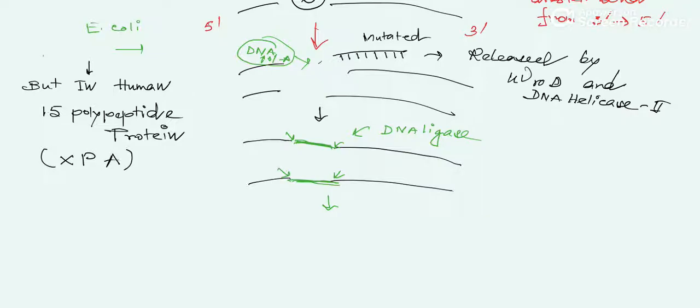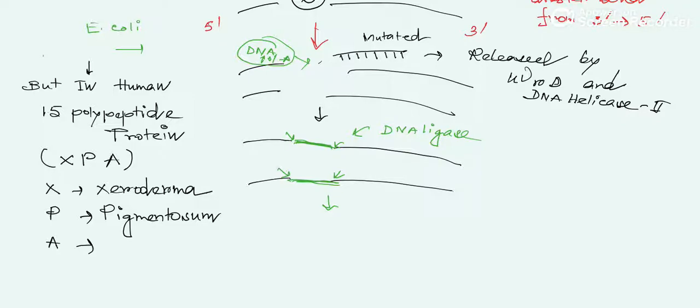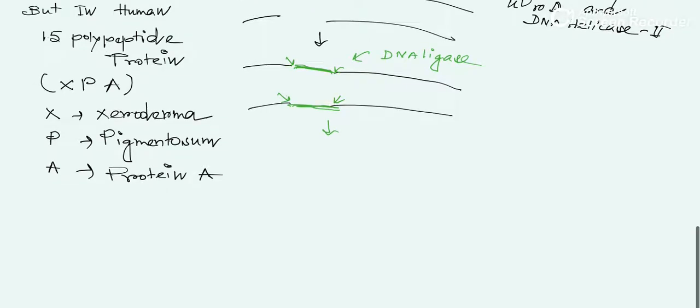What does it mean? XPA means xeroderma pigmentosum protein A. X determines xeroderma, P designates pigmentosum, and A means protein A.